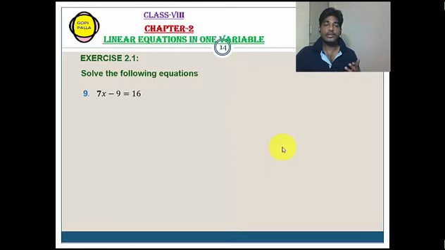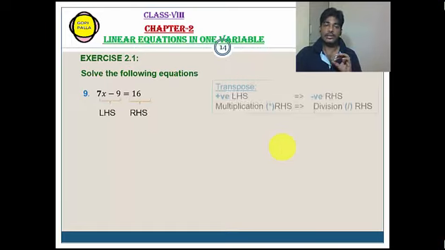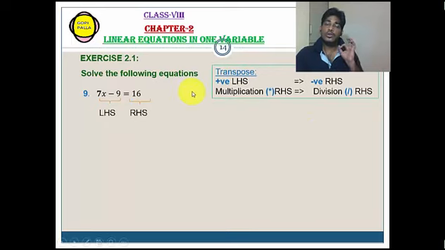So here 7x minus 9 is equal to 16. Now we'll learn one new concept. Up to here, the LHS and RHS method is correct. We'll see one new term called transpose.